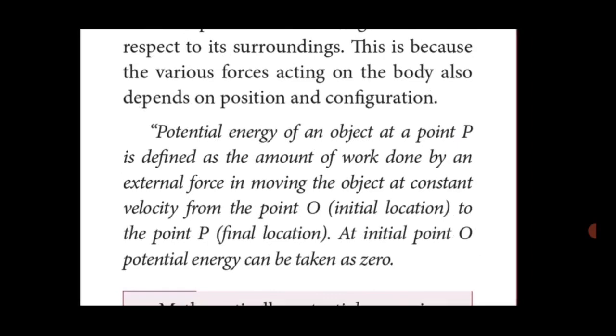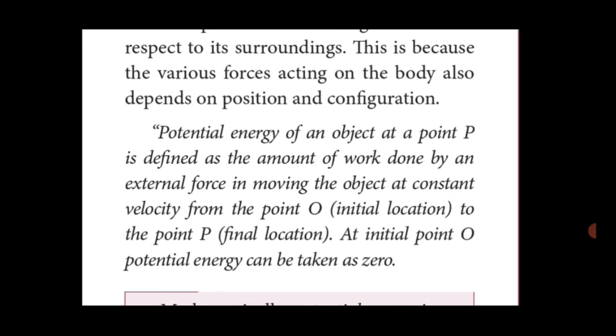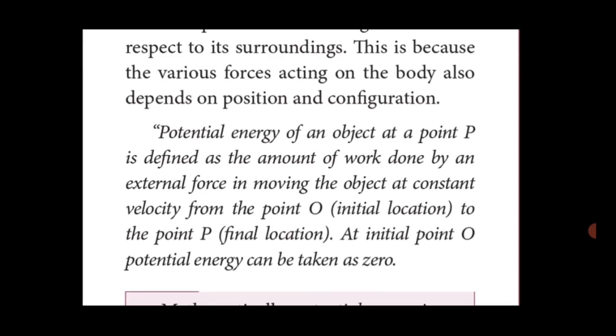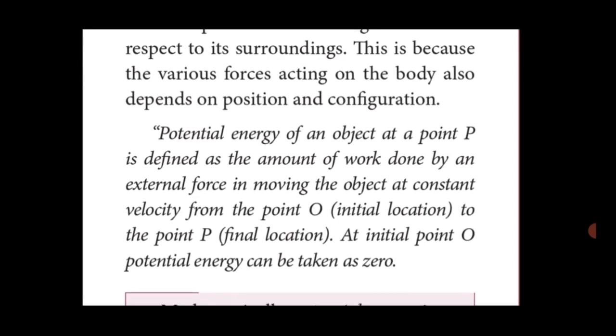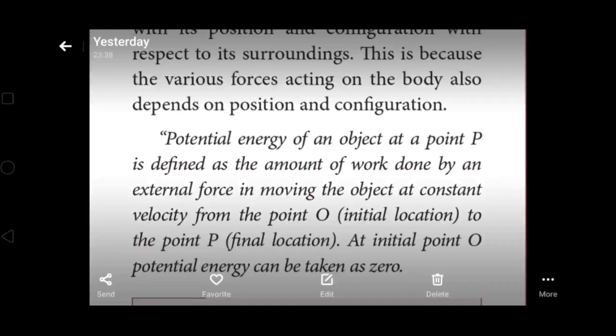Potential energy of an object at a point P is defined as the amount of work done by an external force in moving the object at constant velocity from the point O to the point P. At the initial point O, the potential energy is taken as 0. This is given with two different points, how the work has to be done from one position to another position.